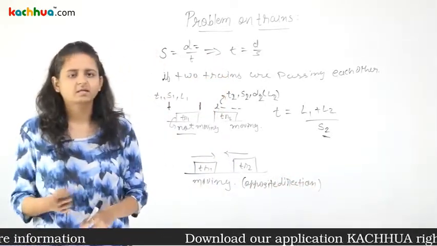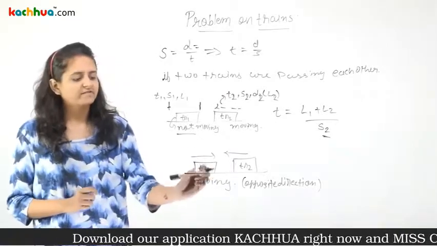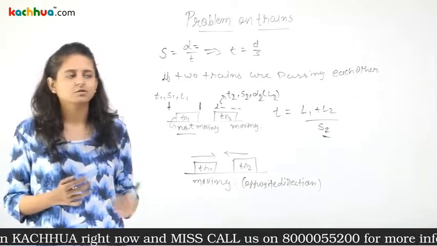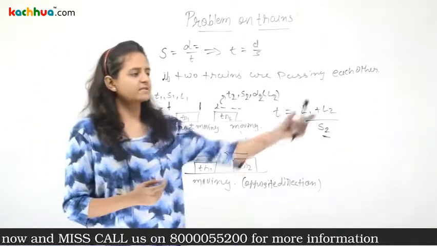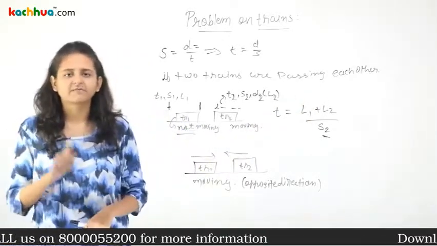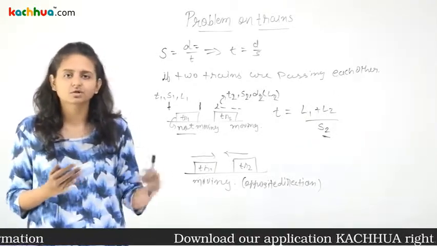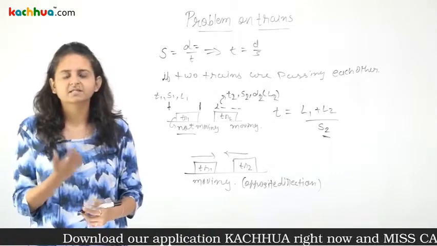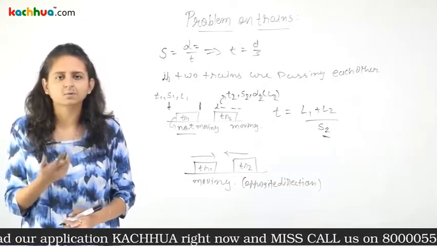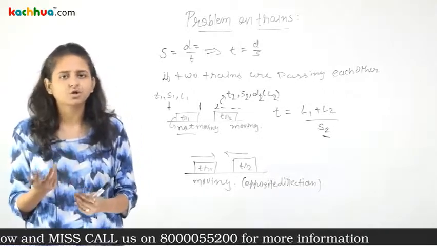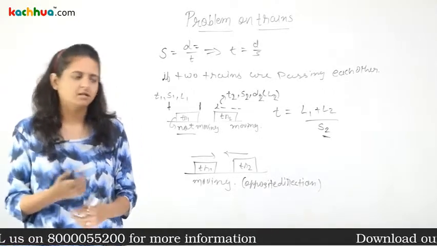Just make sure that whenever there is a train or car or a bridge, we will count the length, that is L1 plus L2. Why? Because we cannot ignore the length of a train, car or bridge. It is greater. But if a signal or a person is given, then we can ignore the length of the person or signal.